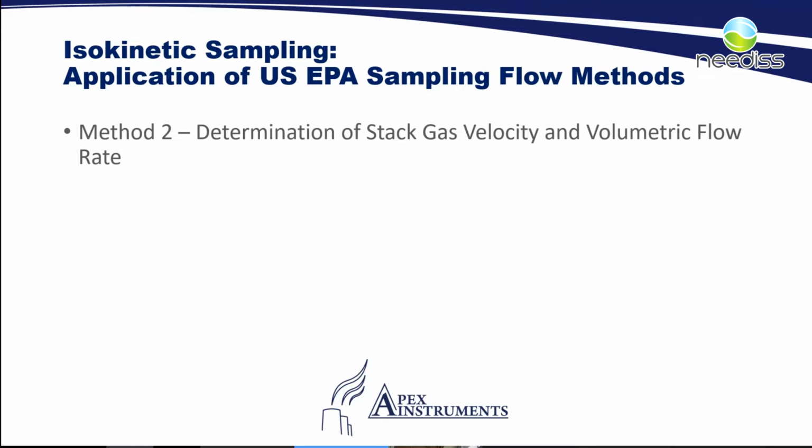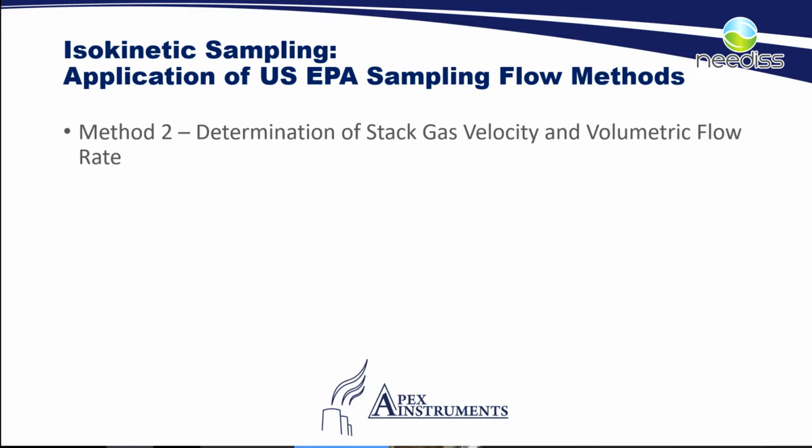So I would say that almost everybody here would be familiar with the basic method 2 as per the isokinetic standards that you're probably already performing. And method 2 per the EPA states that it is the determination of stack gas velocity and volumetric flow rate.